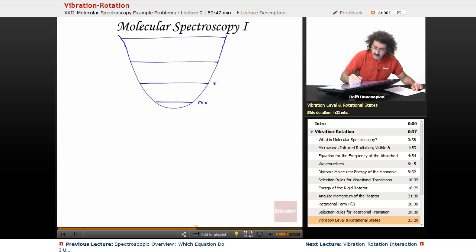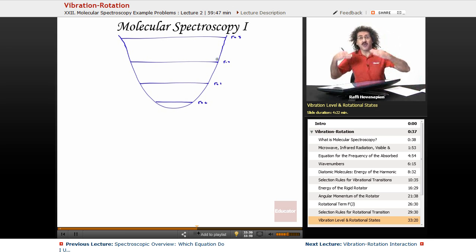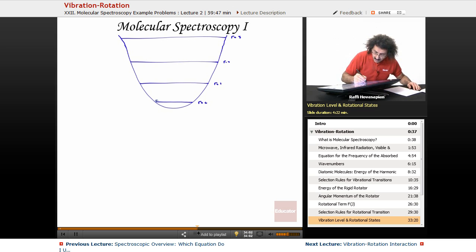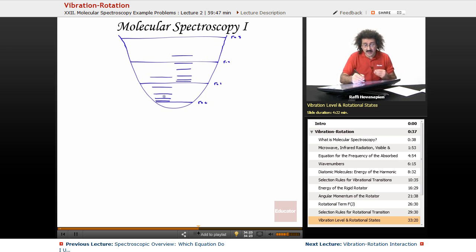Within each vibrational level, there is a series of rotational levels. So we have J equals 0, J equals 1, J equals 2, J equals 3, and so on. And then here we have this one, this one, this one, and then for the R equals 2. For each vibrational level, there is a series of rotational levels.